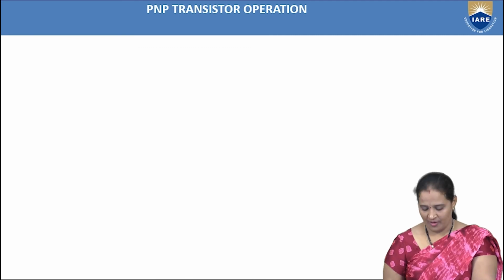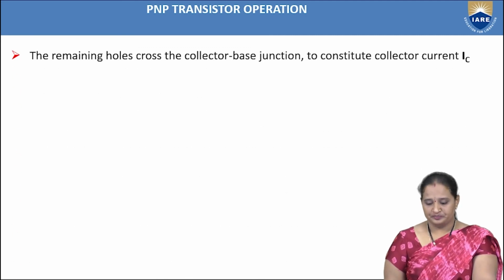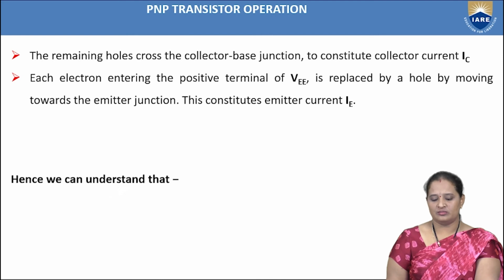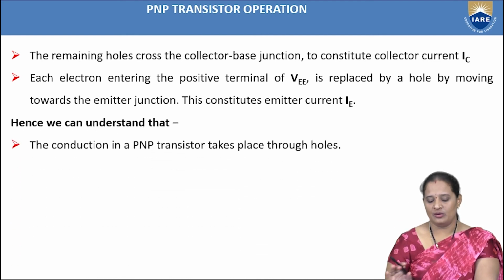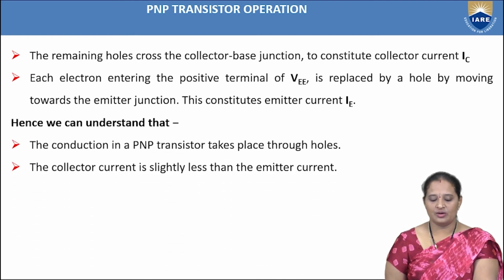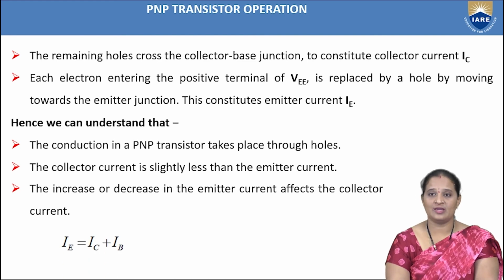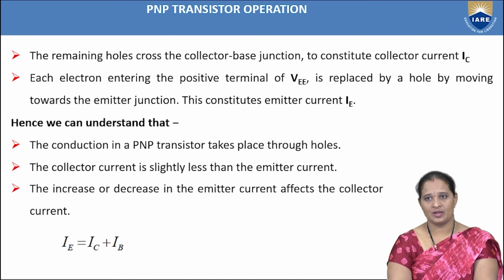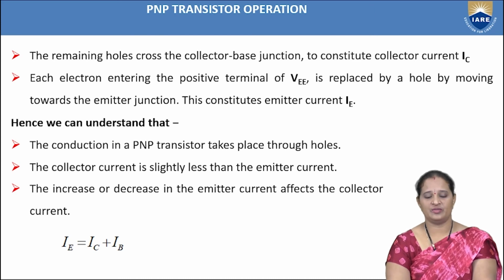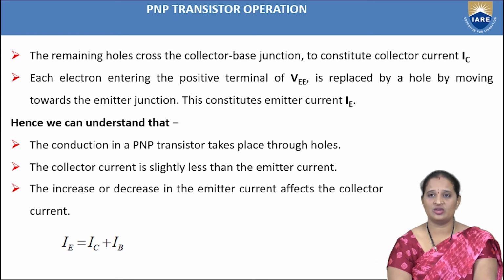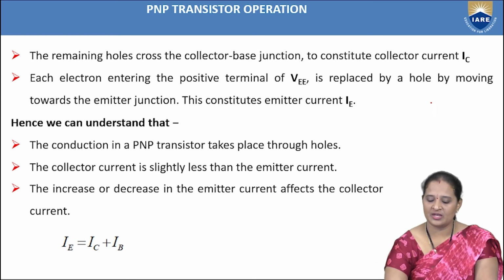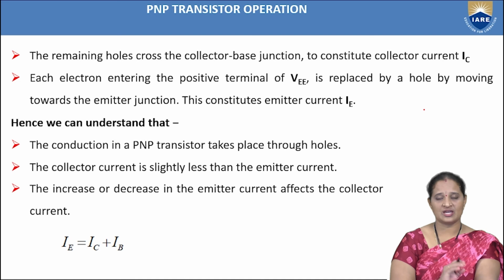Now coming to the symbol and direction. If you apply KCL at the transistor, what do you mean by KCL? These are all the points which we have discussed here. One thing you have to remember: in a PNP transistor, holes are the majority charge carriers and electrons are the minority charge carriers.